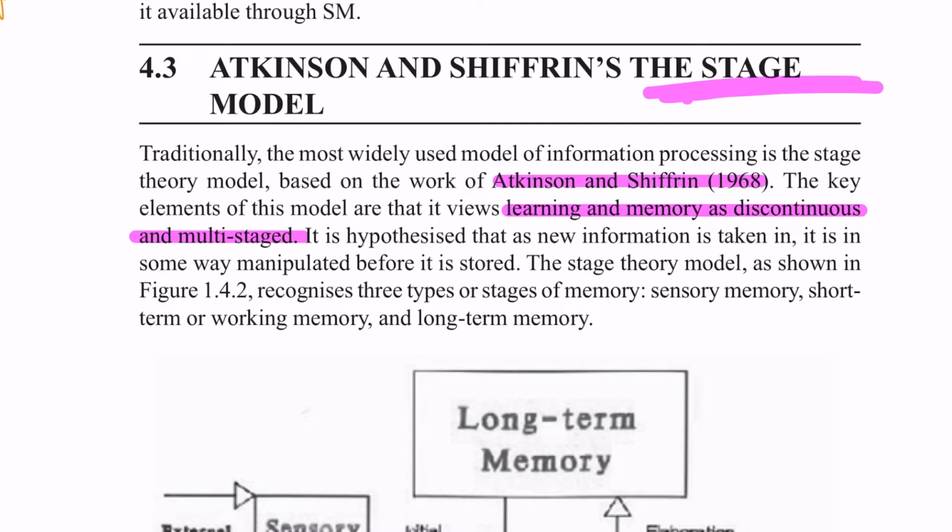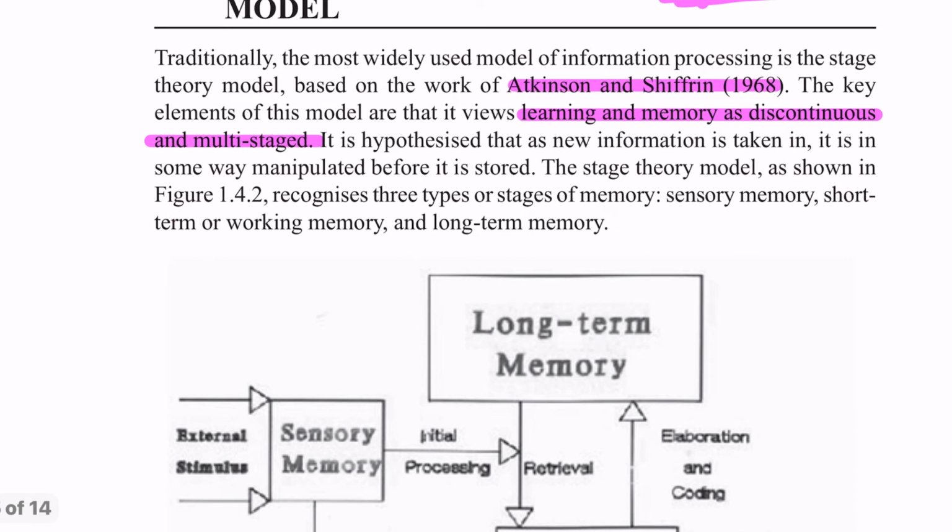It is hypothesized that new information is taken in and in some way manipulated before it is stored, and then it goes into short term memory or long term memory.